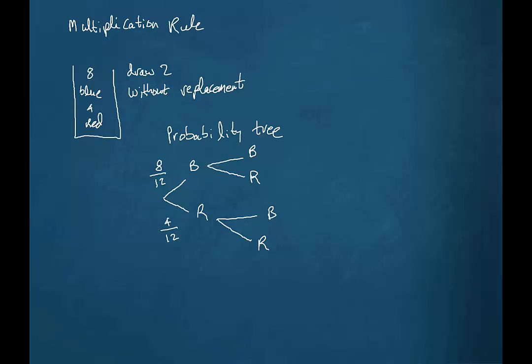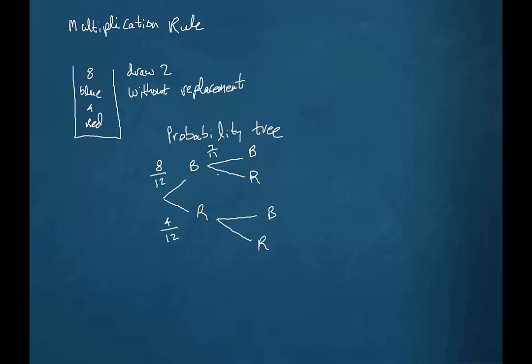Now, if I draw a blue block on the first draw and don't put it back, then the probability that I would draw a blue block on the second draw would be 7 out of 11. Because if I've drawn a blue block, there are only 7 left, and there is 1 fewer block in the bag.